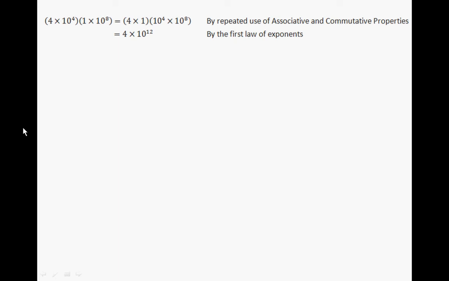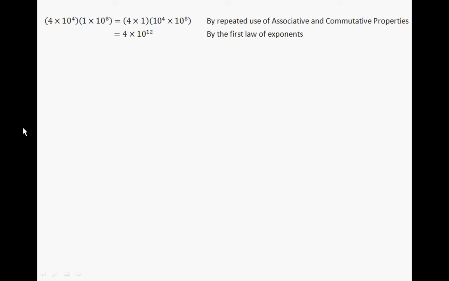And again, by repeated use of associative and commutative properties, we basically have 4 times 1, so we're going to put those two factors together, and then 10 to the 4th power times 10 to the 8th power. Because again, by the commutative and associative properties of multiplication, you are allowed to do this.